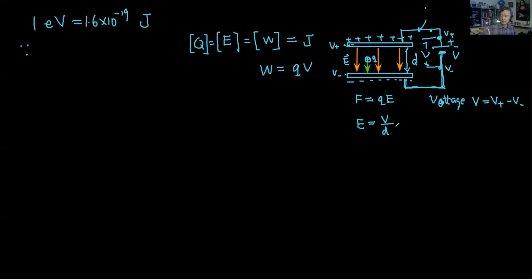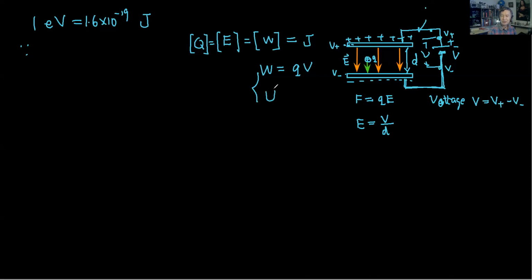V. It should be in electromagnetism. Yes. We have V is equal to change in U over Q. Is it this one, U over Q? U is the potential energy.